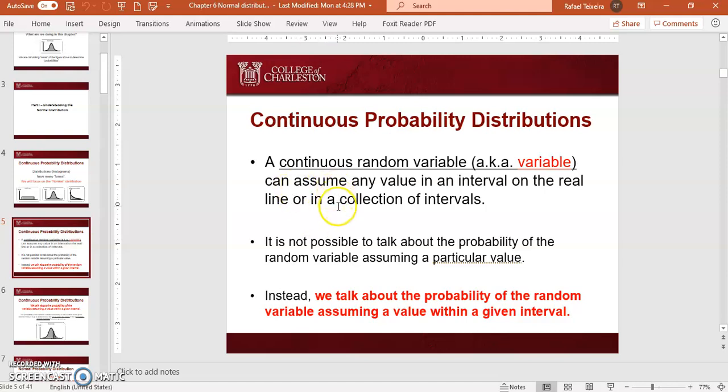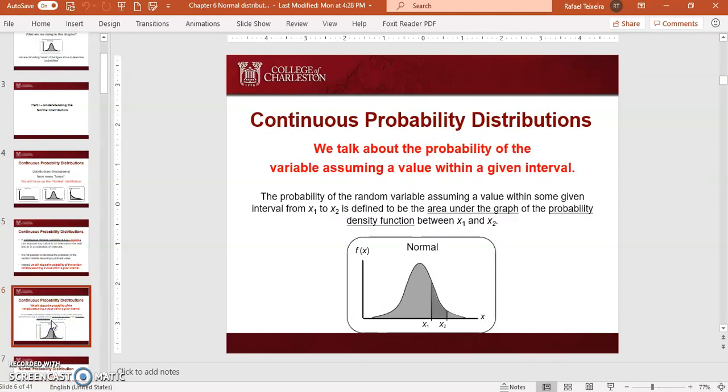These are continuous variables. And we're going to be learning about the probabilities that certain values occur in a given variable. This is basically what we're going to be doing in this chapter.